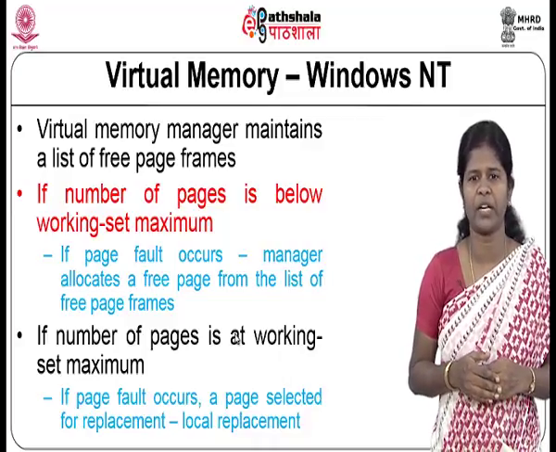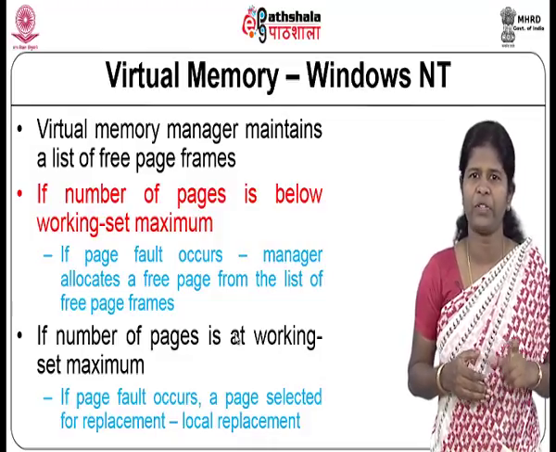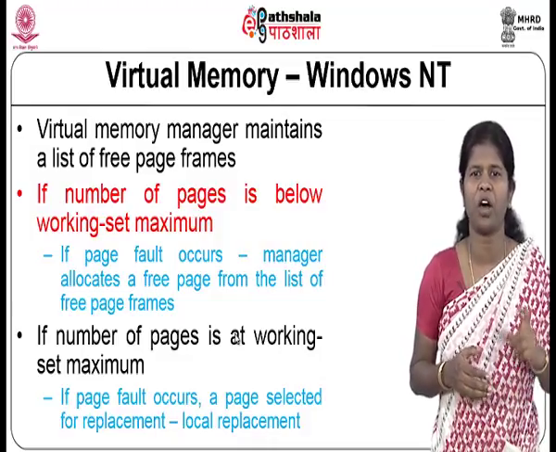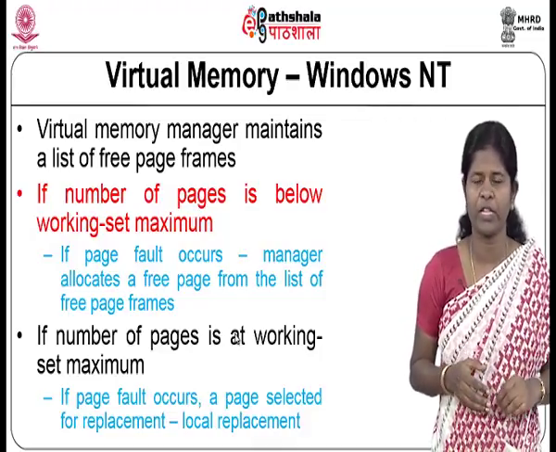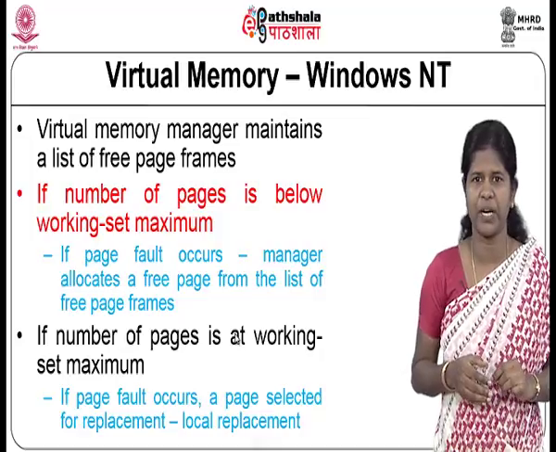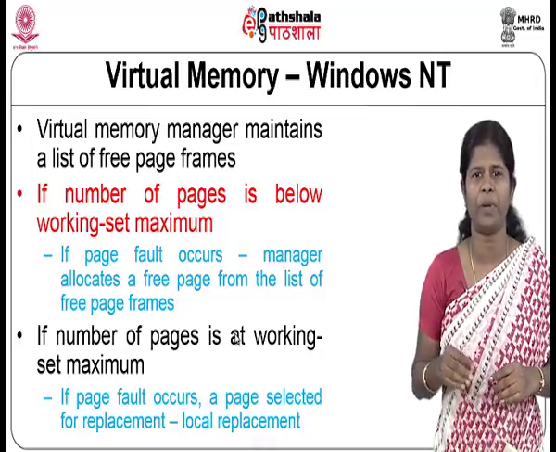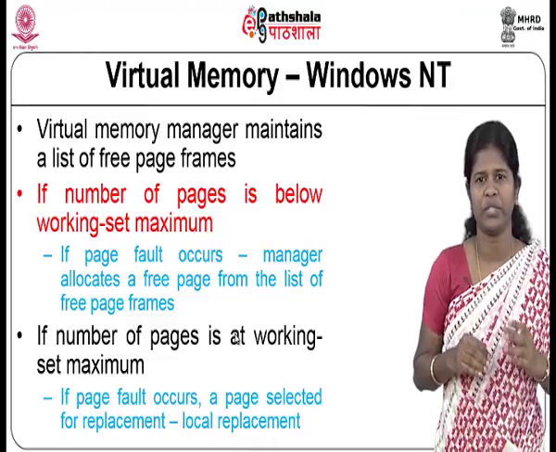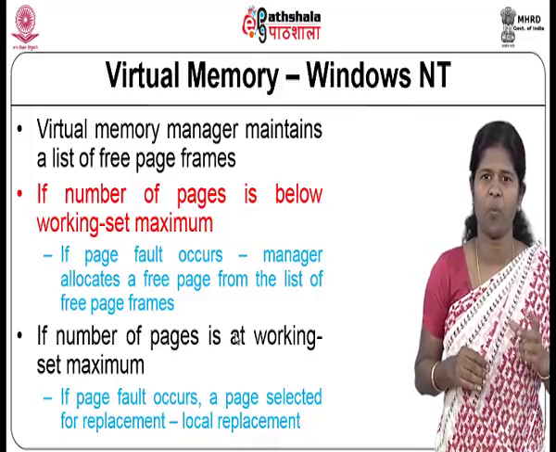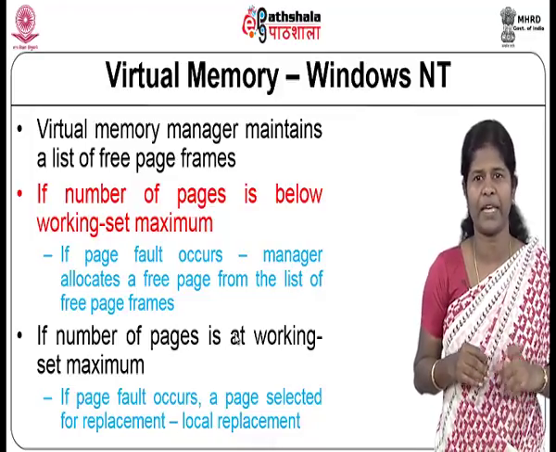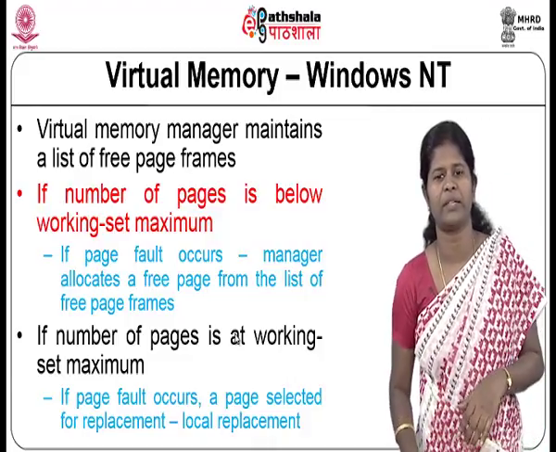Whenever a page fault occurs, a page is selected for replacement, that is, one of the 20 pages currently in physical memory for this process is selected as the victim page, moved out, and the required page is brought into the physical memory. That is, local replacement is done. One of the pages allocated to the process is moved out and the required page is brought inside.